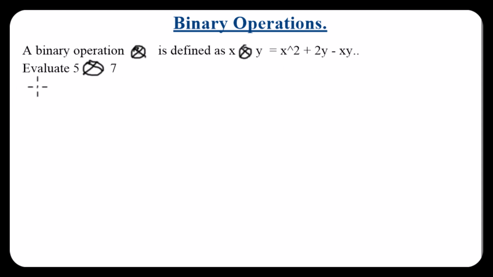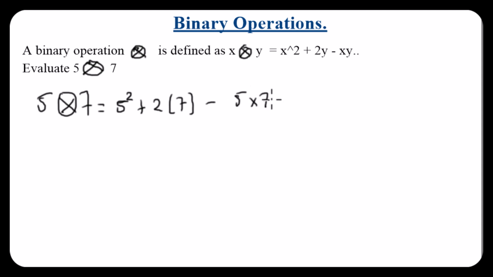So I can start by writing 5 O times 7 should be equal to, x squared first, so this becomes 5 squared plus 2 times y, my y is 7, so 2 times 7, minus 5 times 7.